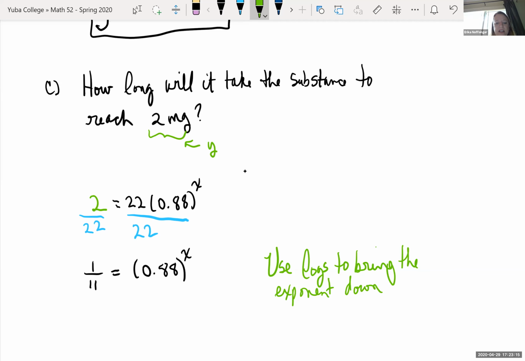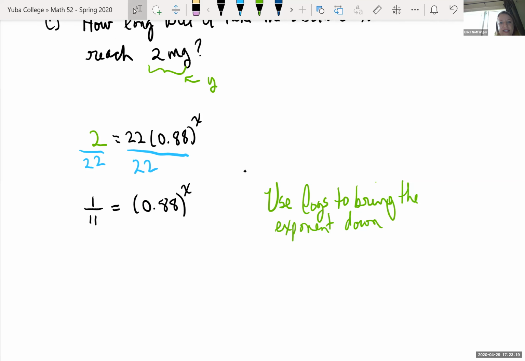So we can take the natural log of both sides, or we can take the log of both sides. We usually choose one of those because that's what our calculators do. If we took the natural log of the left-hand side, whatever we do to one side of our equation, we've got to do to the other. So this is equal to the natural log of 0.88 raised to the X power.